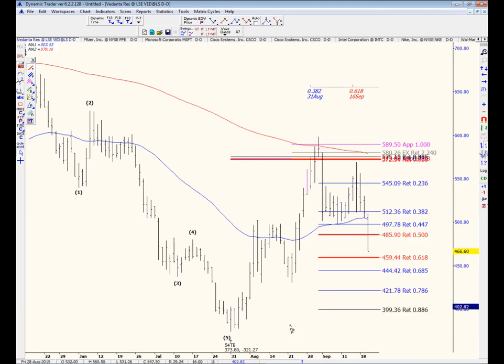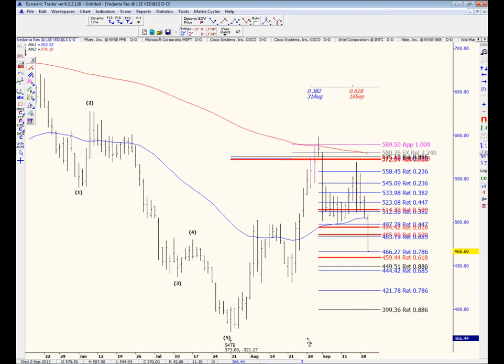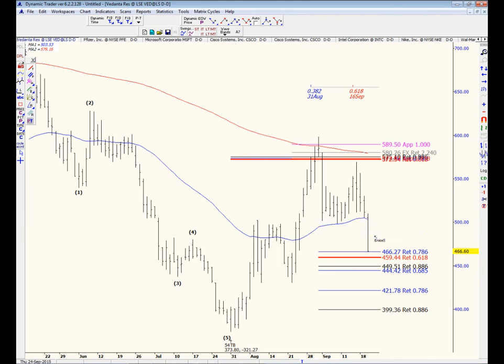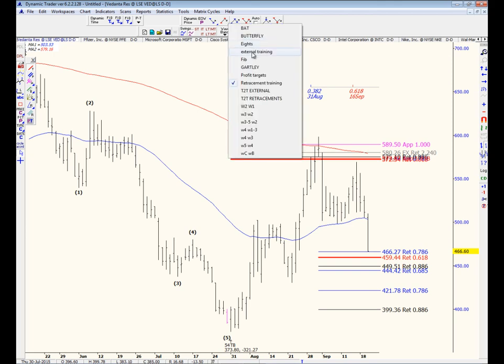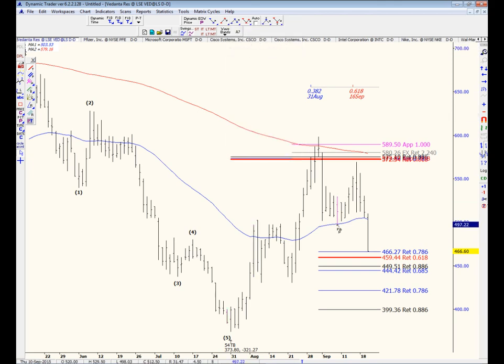Okay, so we can see I've projected from the first anchor point, and now we're going to use the second. Okay, and I'm going to clear the zones that the price action has already penetrated, and then I'm going to grab my Fibonacci external retracement tool, and we're going to project down our external retracements.